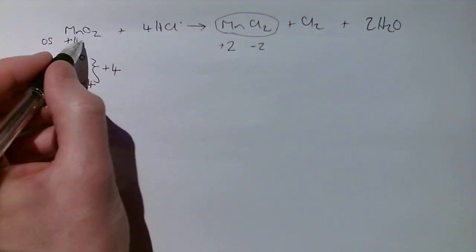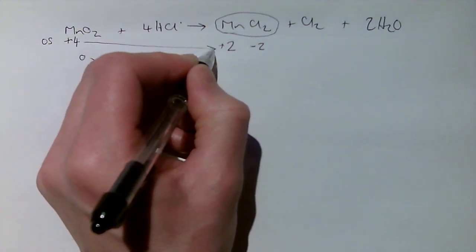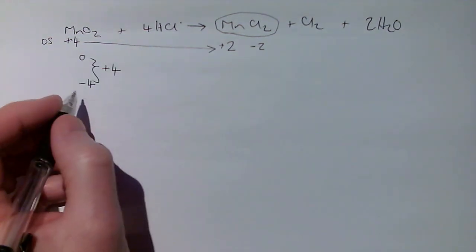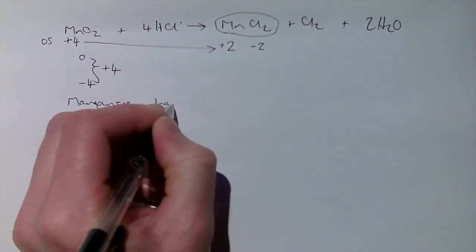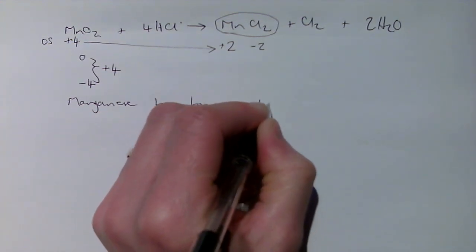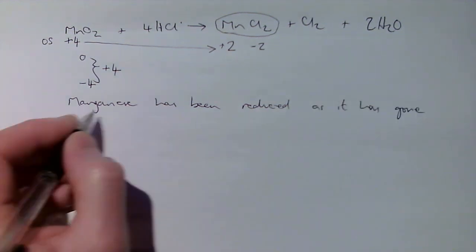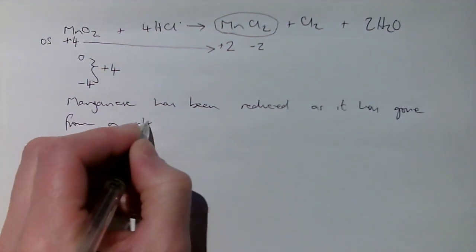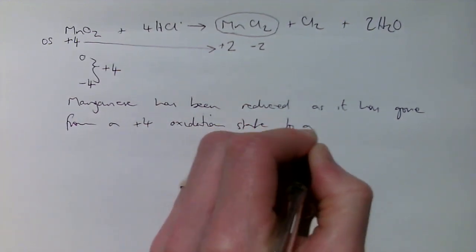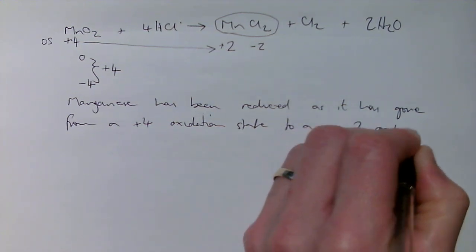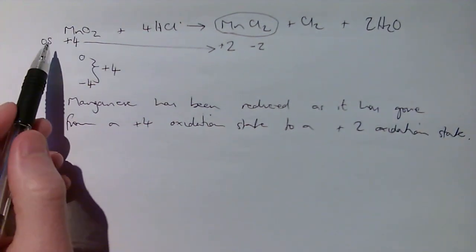So my manganese has gone from a +4 oxidation state to a +2 oxidation state. So the manganese has been reduced, as it has gone from a +4 oxidation state to a +2 oxidation state. So that's my reduction reaction.